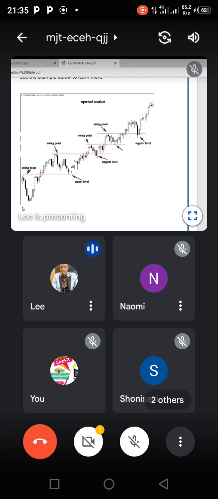But when you look at these lines, are you seeing those lines? Yes. So those are areas of support and resistance.